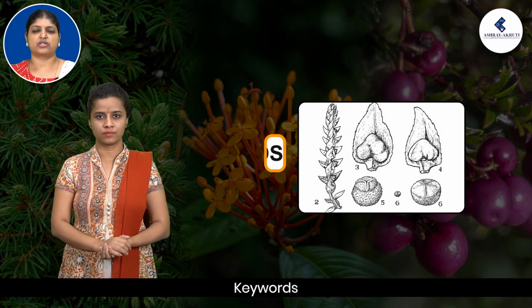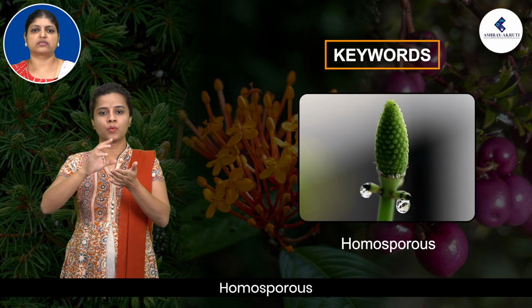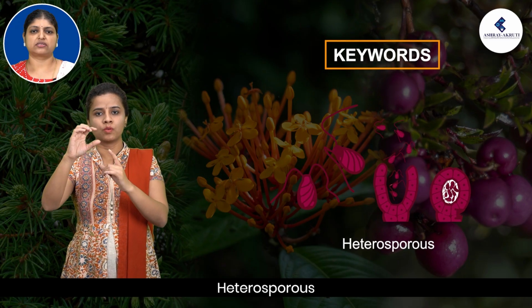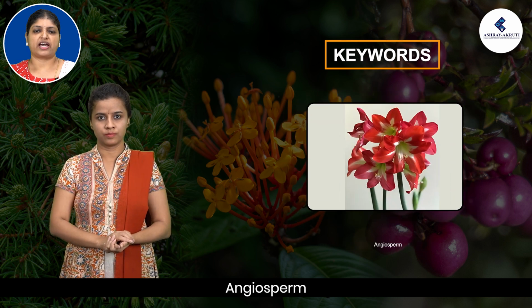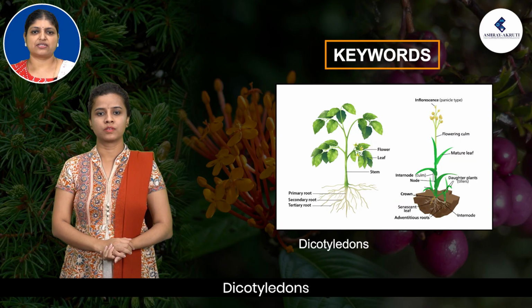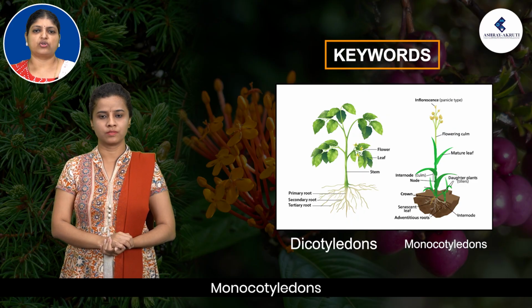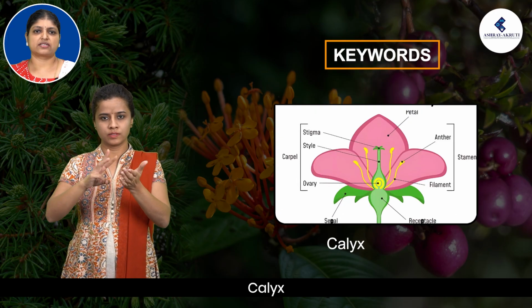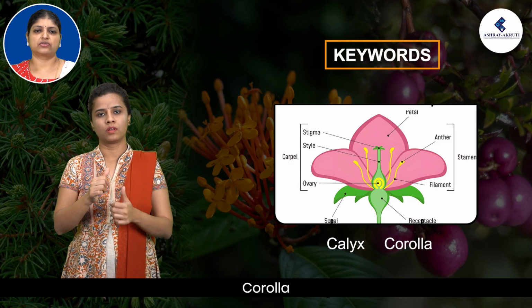Keywords: sporophyll, homosporous, heterosporous, gymnosperm, angiosperm, dicotyledons, monocotyledons, calyx, corolla, pollination.